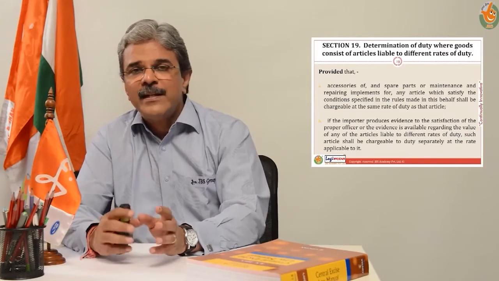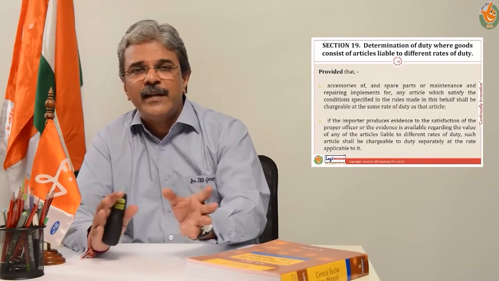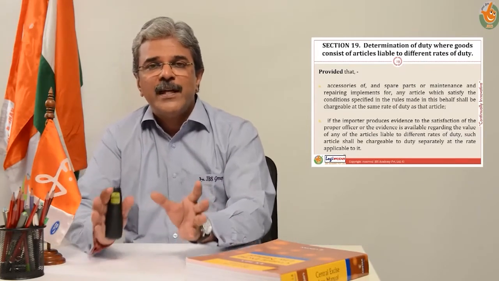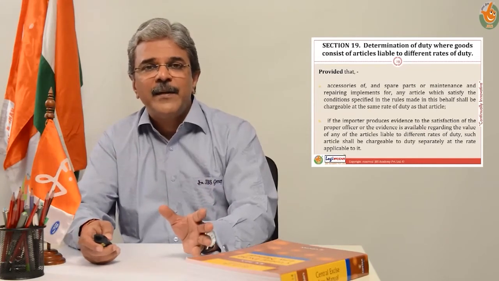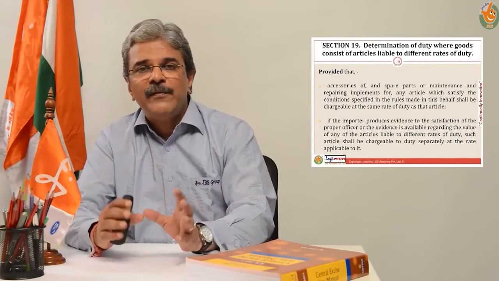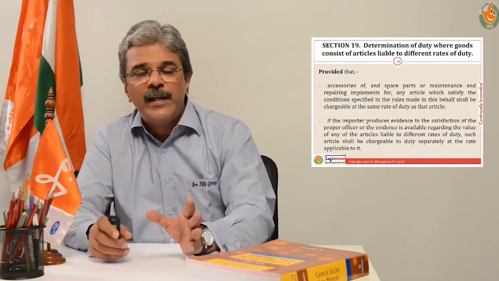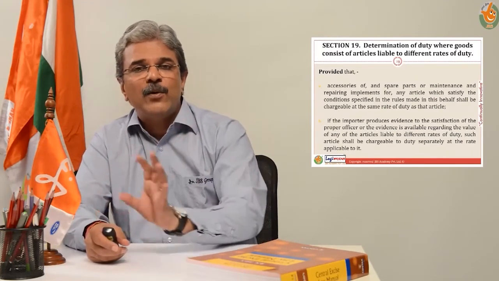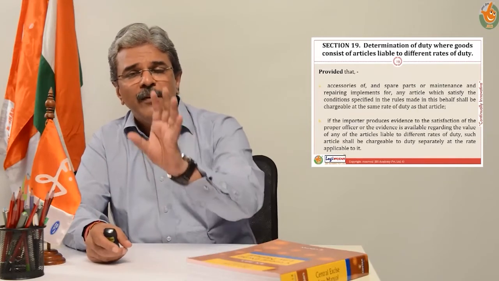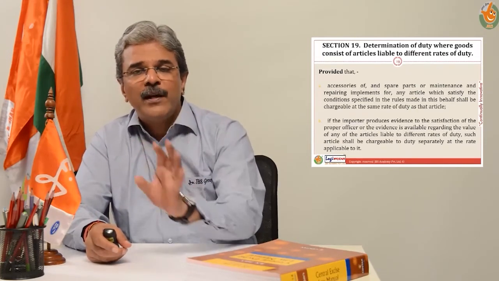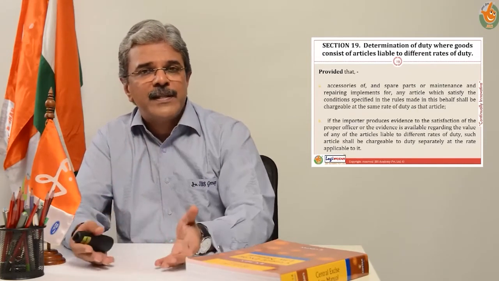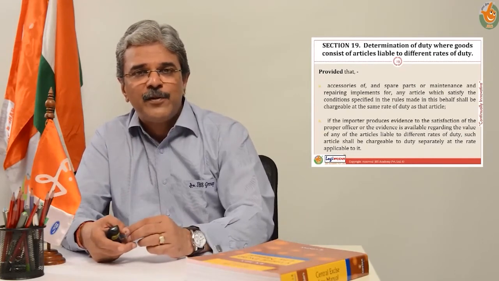So Section 19 is a very interesting section where it tells you firstly that if you have a set and the set has a single value, if there is a single item in that set where the duty is on quantity, then the entire duty will go on quantity. If all those items fall under the same rate of duty, then the set would be charged to the same rate of duty.